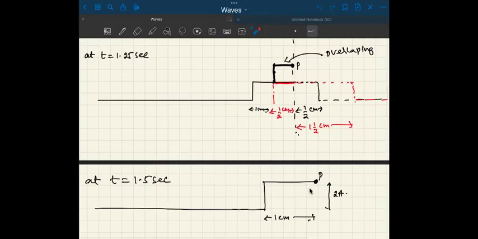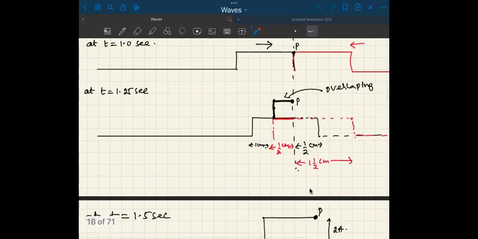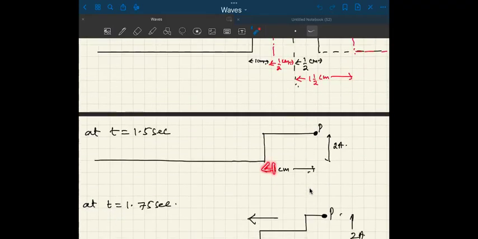Next, when complete overlap takes place, what happens is that instead of amplitude A, you can see it took the shape of amplitude 2A. Don't forget, the full length is 2 centimeters. Here, it took only 1 centimeter. Amplitude is 2A. Full length is 1 centimeter.